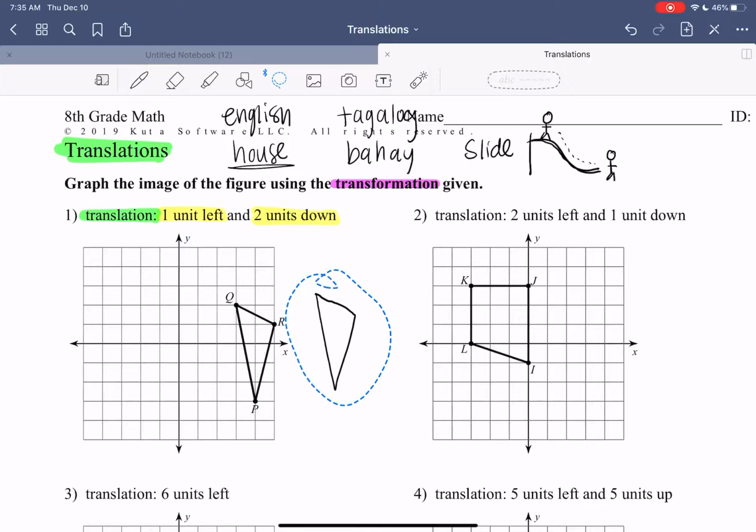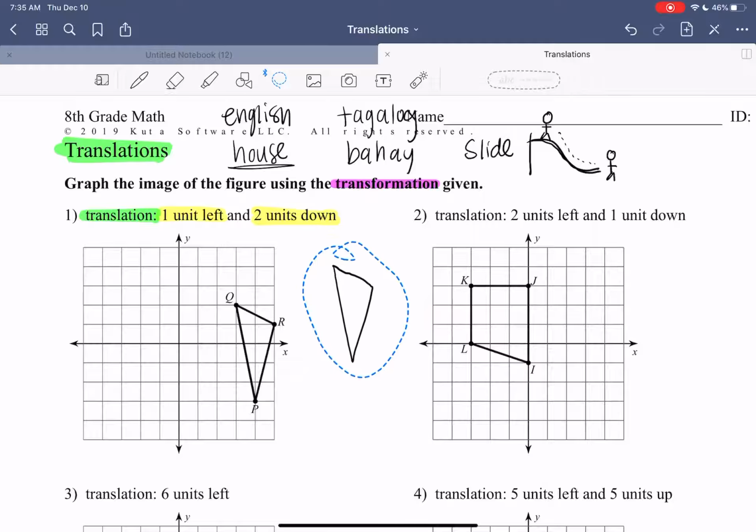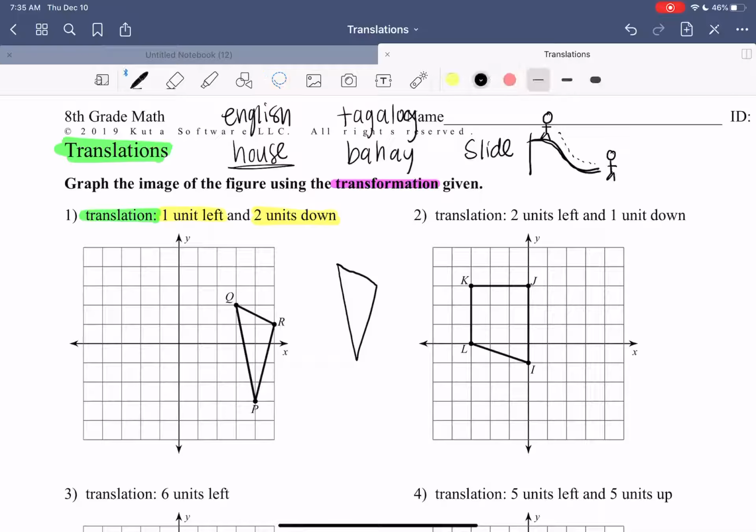But if you're doing this on your own paper, obviously you don't have that capability. So what you're going to want to do is take each of the vertices. Let me actually do them in a different color. If we were to take these vertices, I'm going to color these vertices. Vertices are where 2 lines meet.